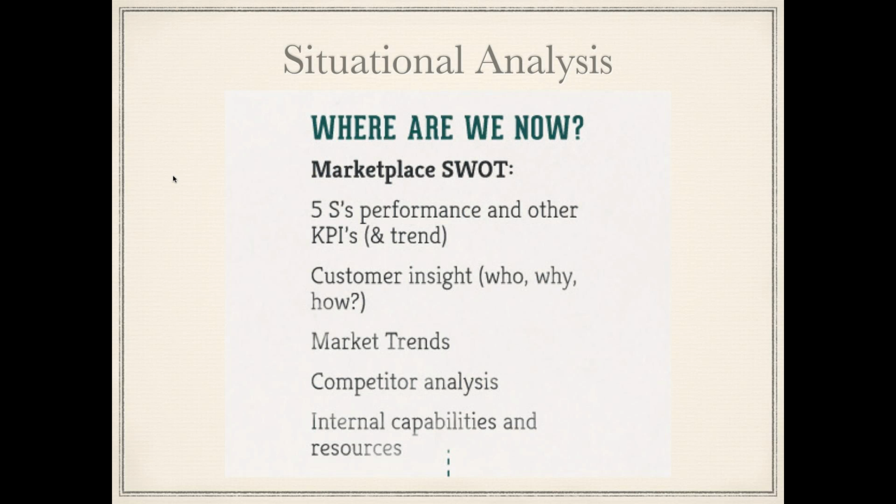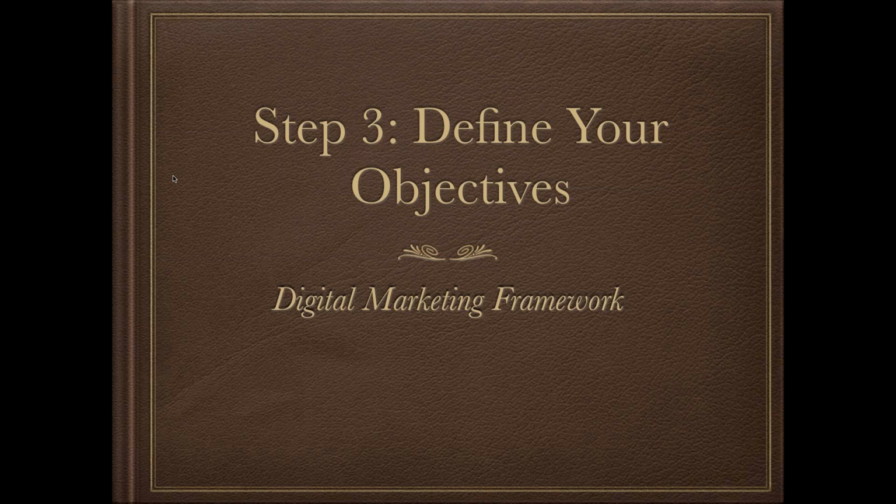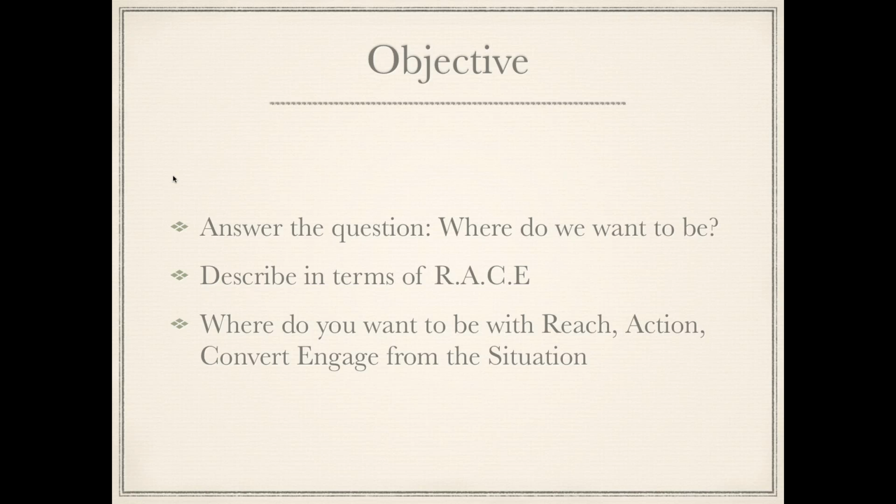Okay, so once you've done this analysis and you've clearly articulated a short, concise situation in terms of RACE, the next step will be to define your objectives. So now we know where we are. Where are we currently? What's our current assessment? The next step is to define your objectives. That means, what are you going to do about it?